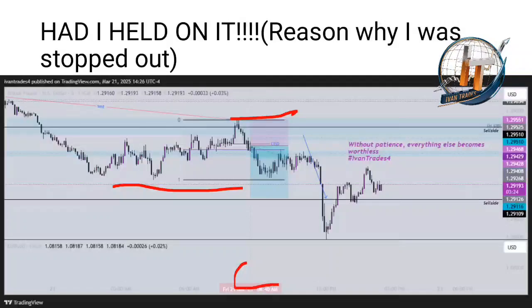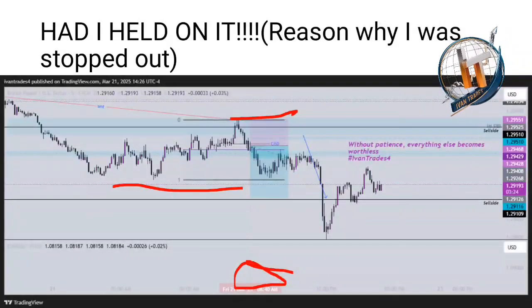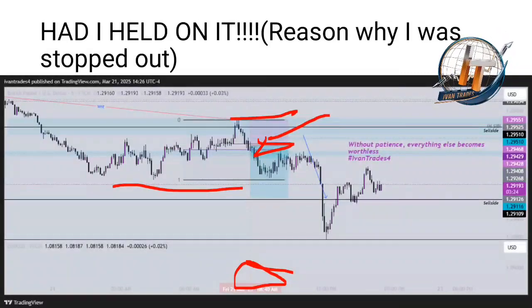You can see that here it was 8:40. That was when I got my entry, and during the 9 a.m. hour price did not form any top wick.